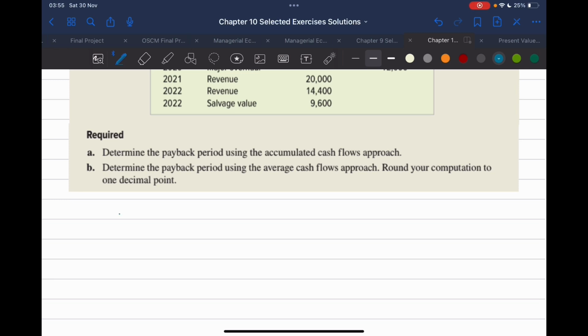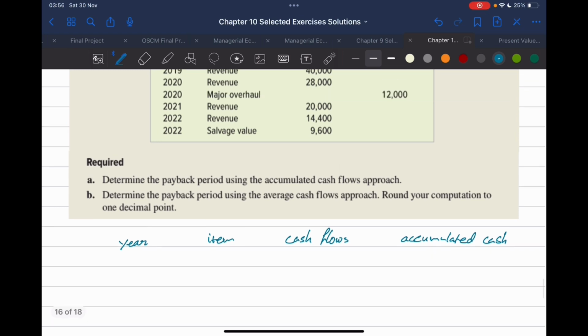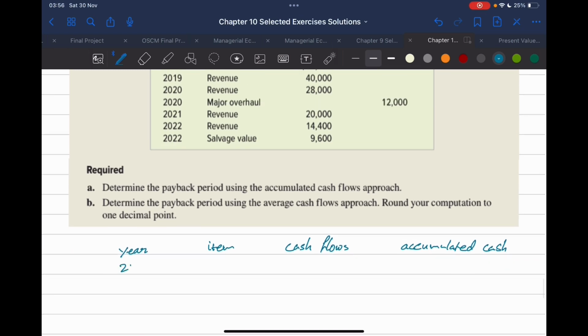So maybe do something like this: the number of year right here, and then the item, and then the cash flow generated or paid out for that item, and finally we have one more column, we'll call it accumulated cash.